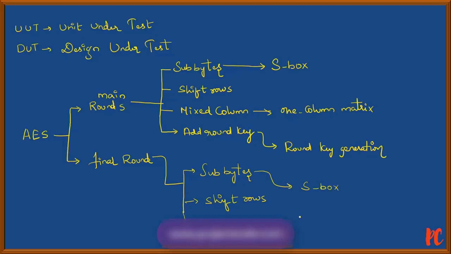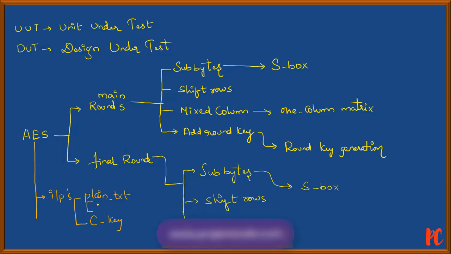Now talking with respect to the ranges of the port list, we must have two inputs. Let me write it as inputs here. One is your plain text and one is your cipher key. As seen, we have taken an example with respect to 128 bits.